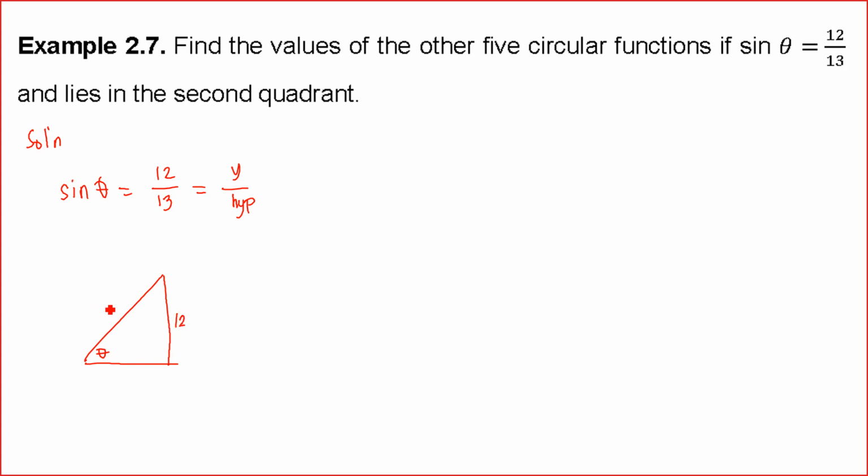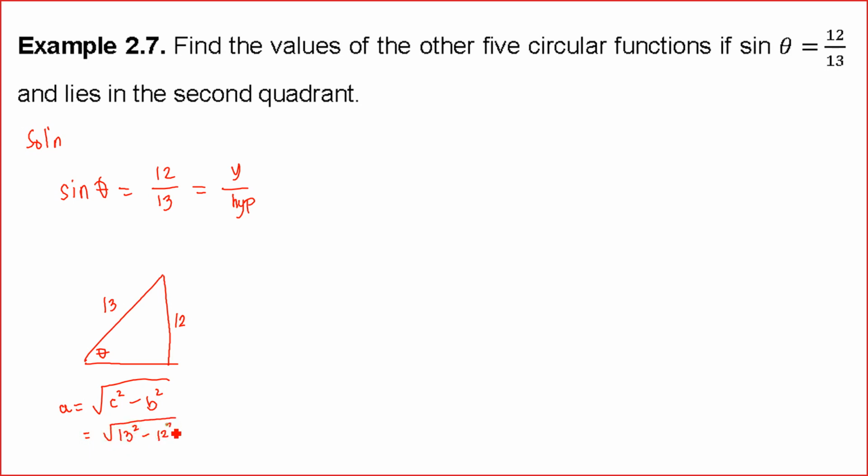So what is the length of this side? So using the Pythagorean theorem, let's make this side as a. Then we have a is equal to the square root of c squared minus b squared. So which equal to the square root of 13 squared minus 12 squared.